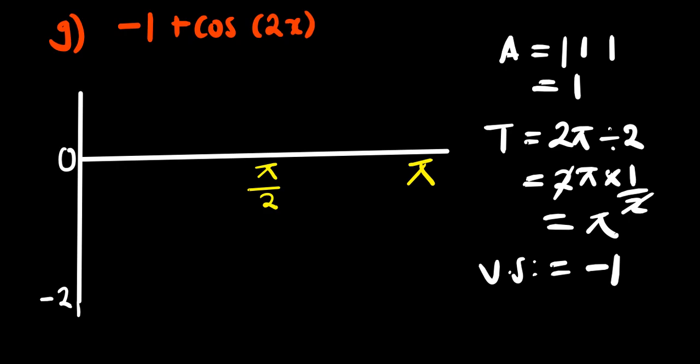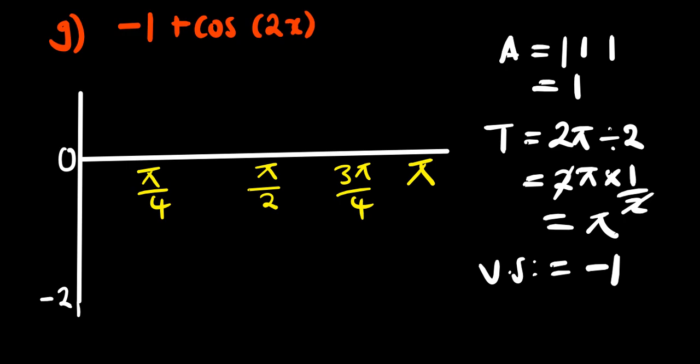Then between 0 and pi over 2, pi over 2 multiplied by half will give us pi over 4. So this is pi over 4. Then to pi over 4, when you multiply by 3, we're going to have 3 pi over 4. Okay, we have everything that we need.